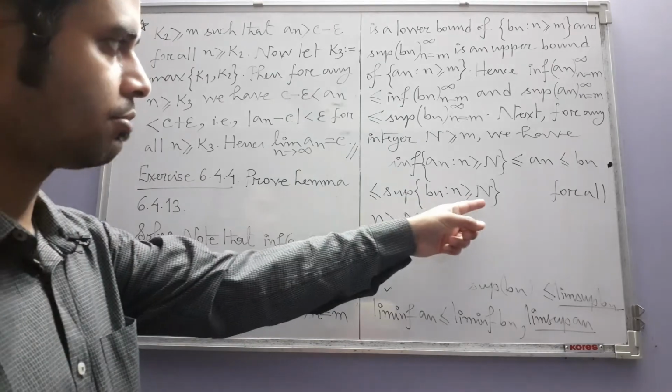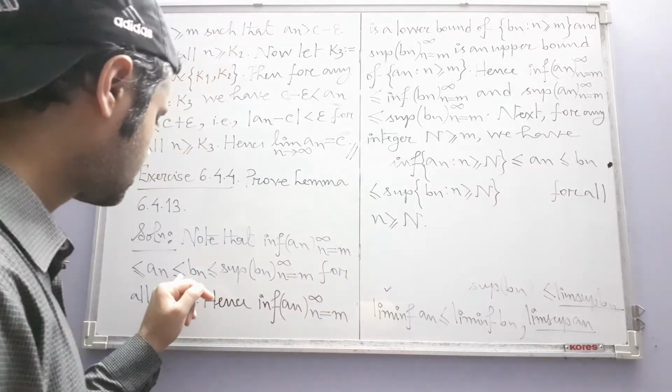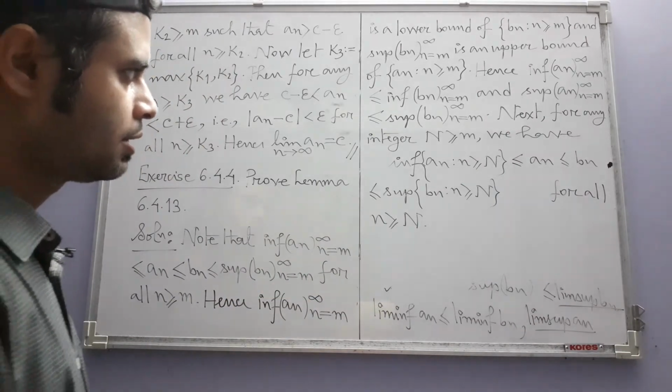Whatever we did there, now we are again doing, but the indices are starting from capital N instead of starting from small n.